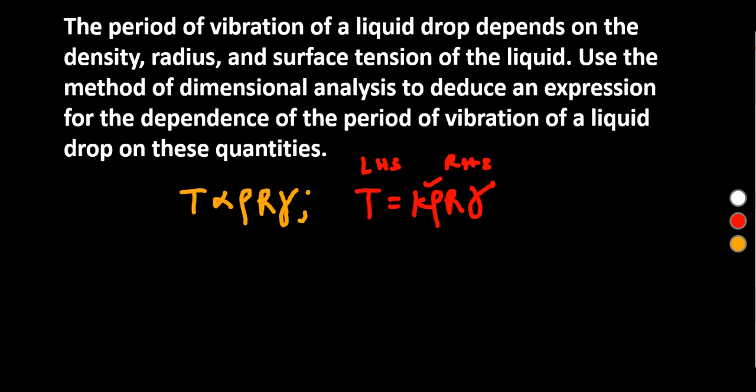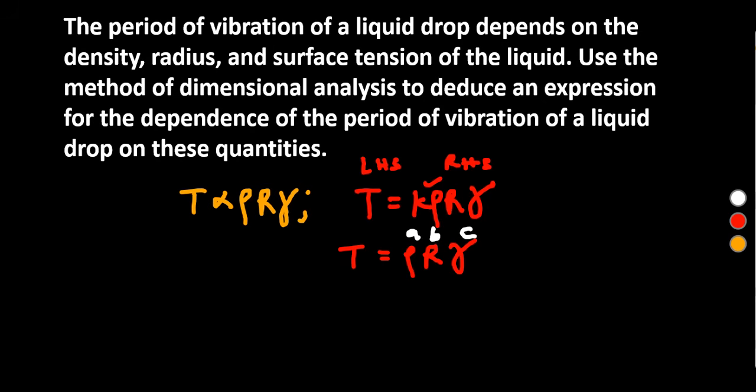So we say that T equals, this is density, this is radius, and this is surface tension. Of course we want to know the relationship here with the period. So let's label the powers A, B, and this is C. We shall see why we did this labeling.